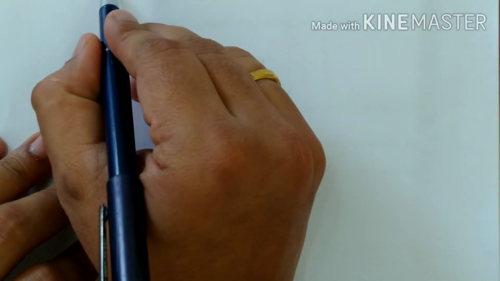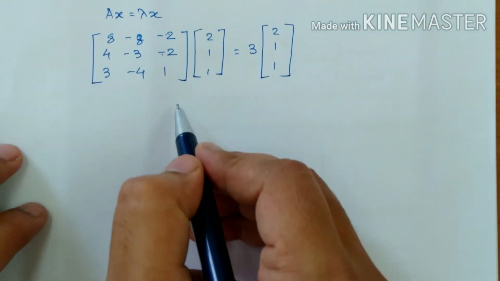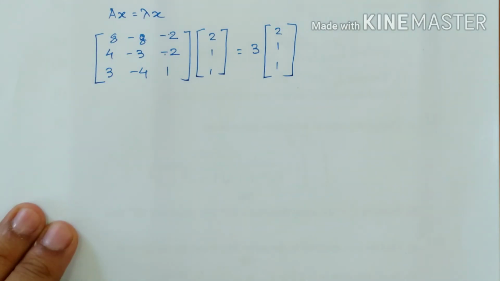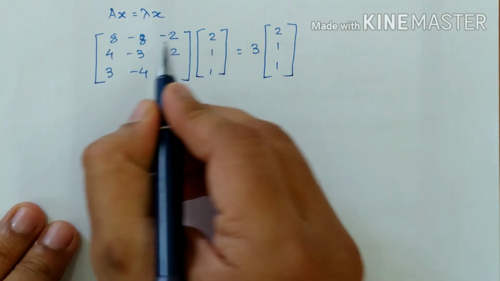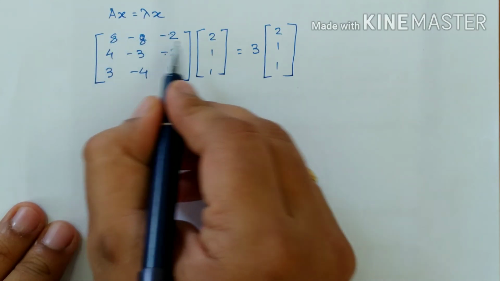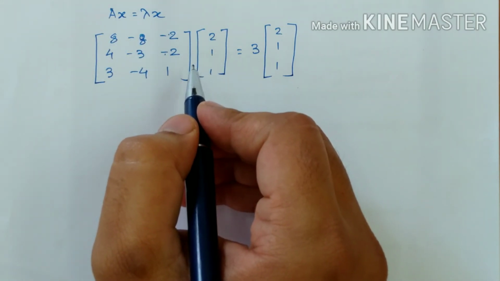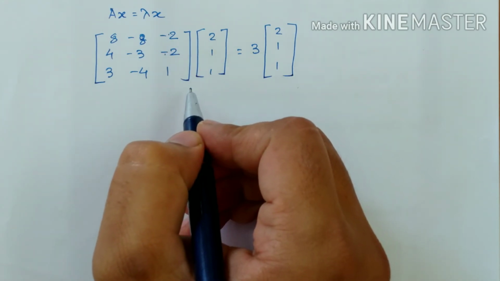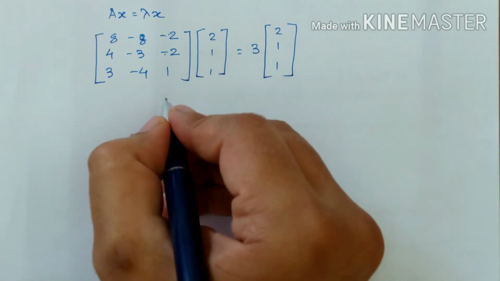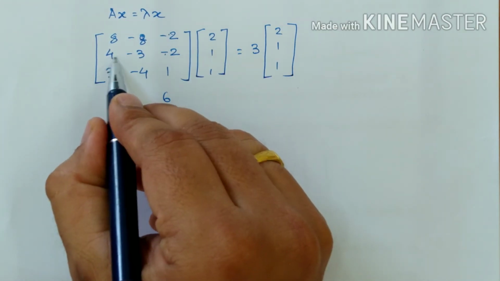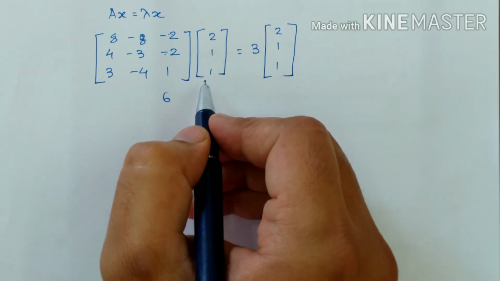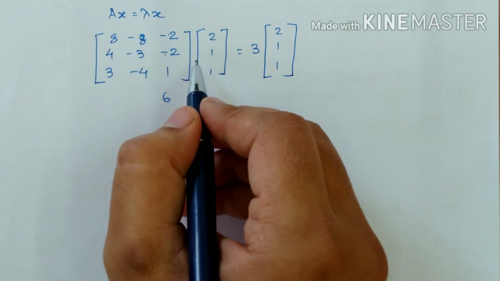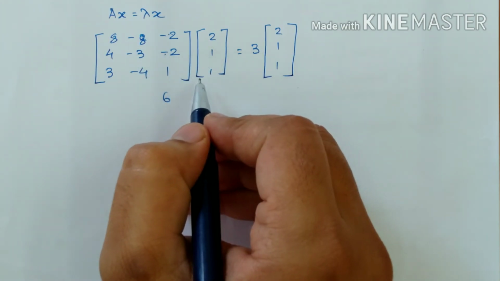Now we have to check whether the product on the left side and the product on the right hand side are equal or not. So 8 into 2, 16, minus 8 into 1 is minus 8, and minus 2 into 1, that is minus 2. So that gives me 6 in the first row. Then second row, 4 2s are 8, minus 3 into 1, minus 3, minus 2 into 1, minus 2.